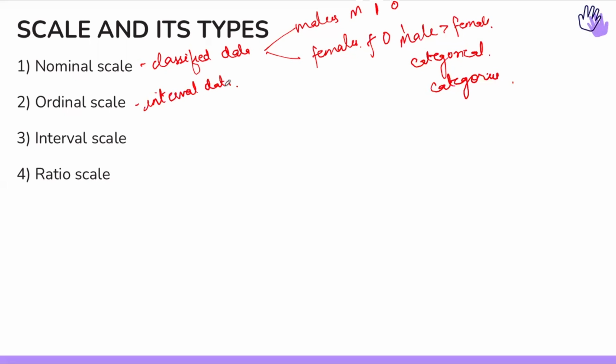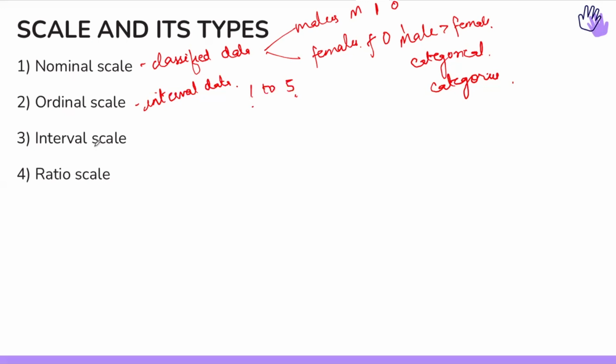For example, the degree of satisfaction on a 5-point scale. If there is a 5-point scale ranging from 1 to 5, then 1 indicates the least satisfaction and 5 indicates the highest satisfaction. Such a scale is denoted as an ordinal scale.